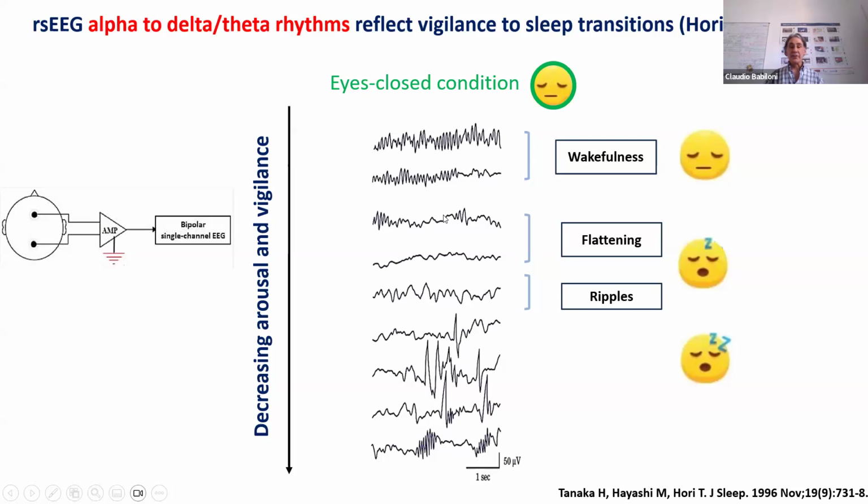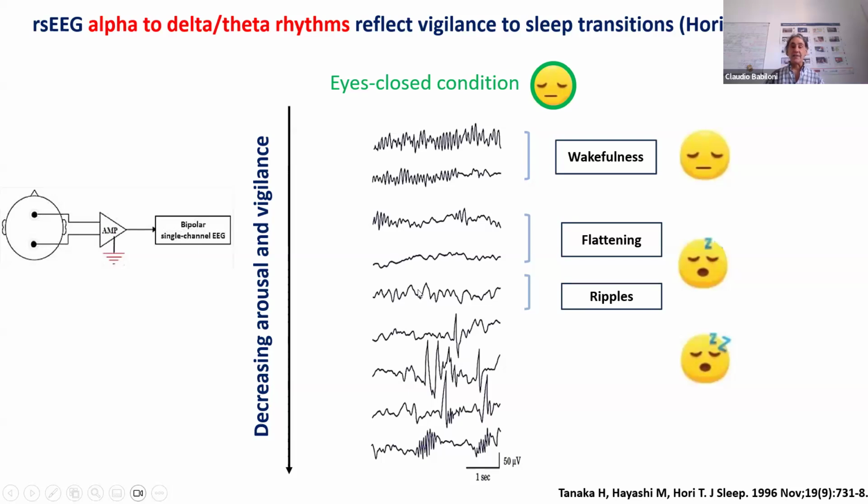And these changes from the same bipolar scalp montage, the changes of EEG are very clear, with a further reduction of alpha rhythms during the transition to light sleep. You see, for example, that in this transition, you have a fluttering of EEG activity from the same scalp bipolar electrode montage.